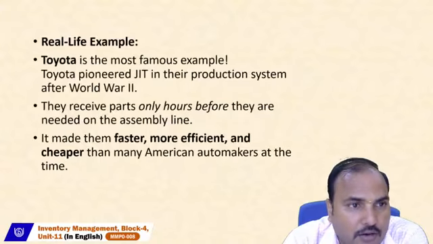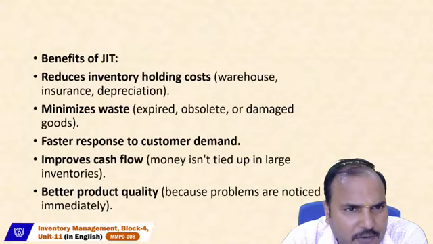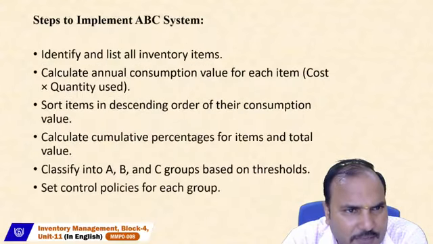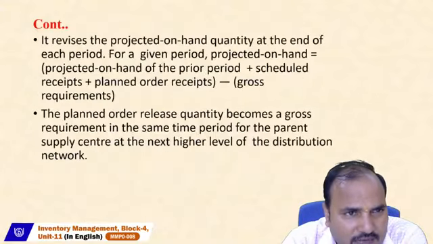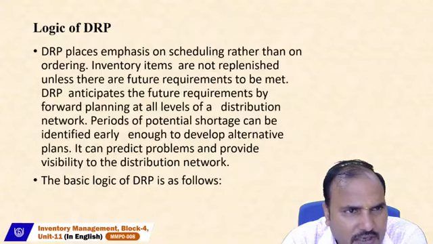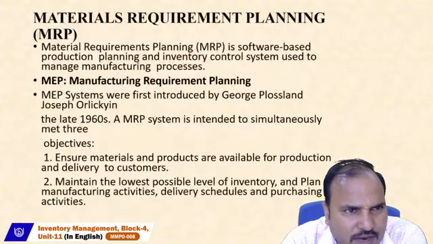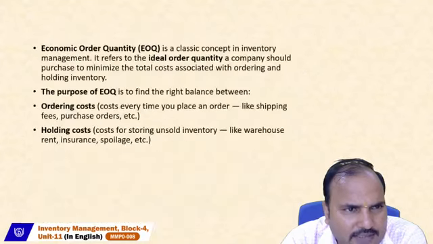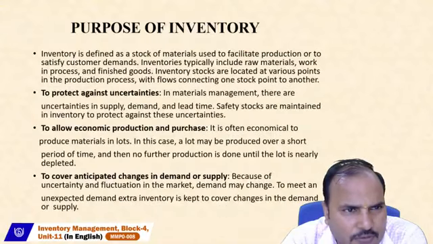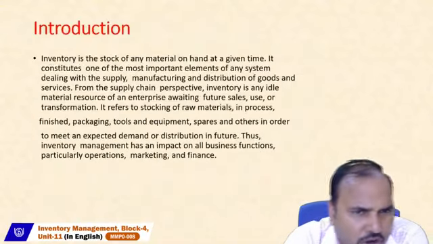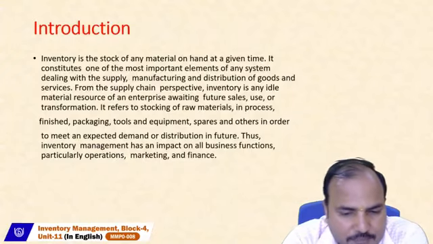Here, we can say today we have discussed the inventory management system in different parameters, different items, different models, different techniques. And I am just recalling all these things which we have discussed today. In the introduction of inventory management, I have already told you inventory is the stock of any material on hand at a given time.